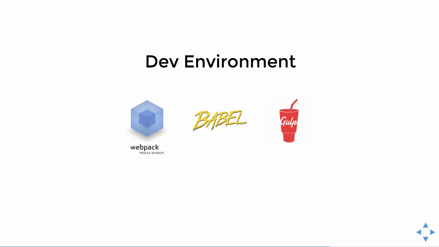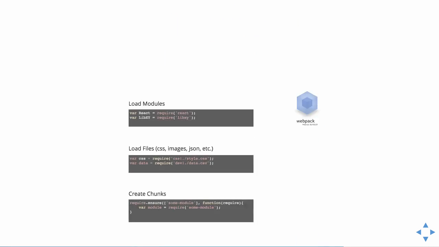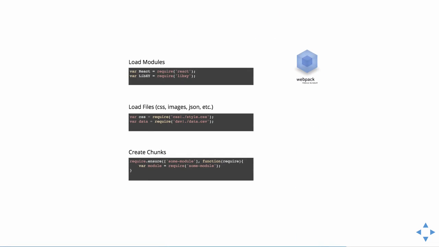So how can we bundle all of these things together so that we can use it? The technologies that we chose were Webpack, Babel, and gulp. Webpack acts as a module loader, so you can load your JavaScript modules, your components.